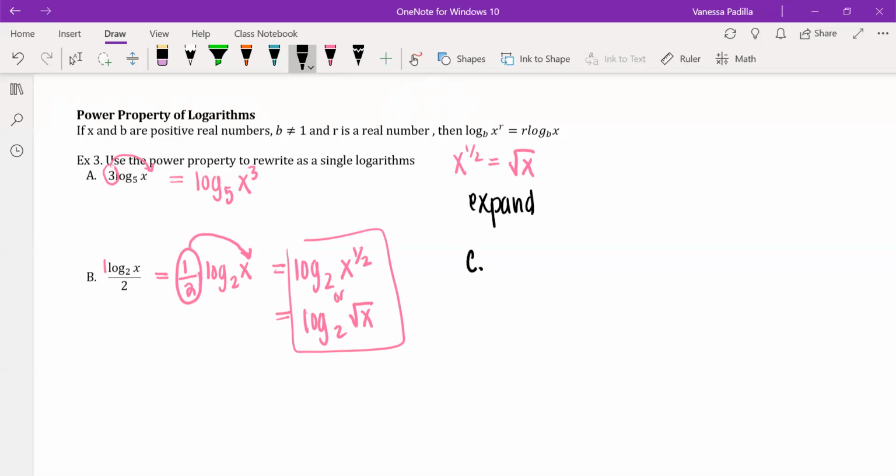This will be c. So let's do log of 3x to the 4th. In this case, we want to make sure we don't have any exponents inside the log, which means we are going this way. So this 4, we actually want to write in the front now.